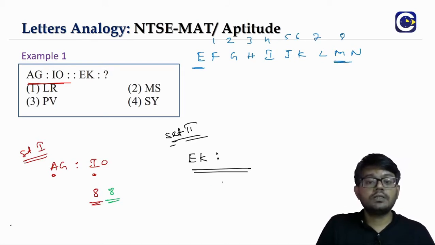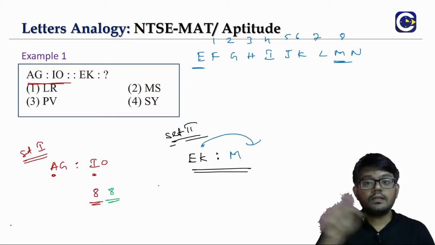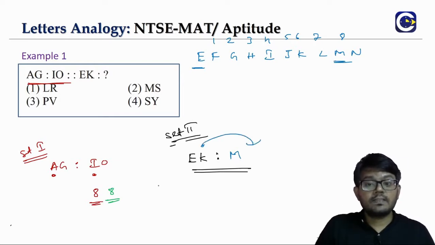Which means the first one should be M. Sometimes we can get to the answer without even solving the second letter. We have to find the corresponding letter for K, but looking at the options, we already got the corresponding letter for E, which is M.